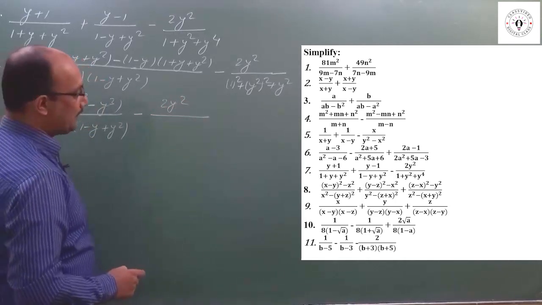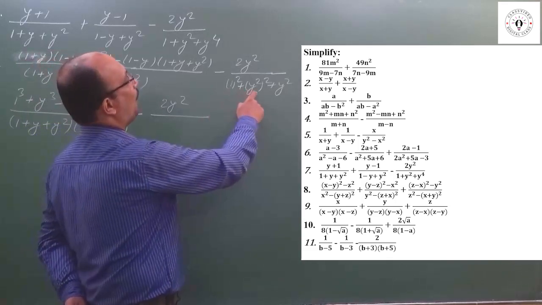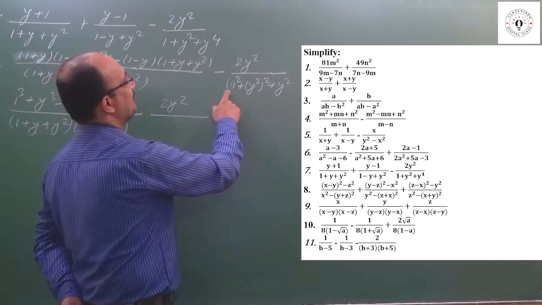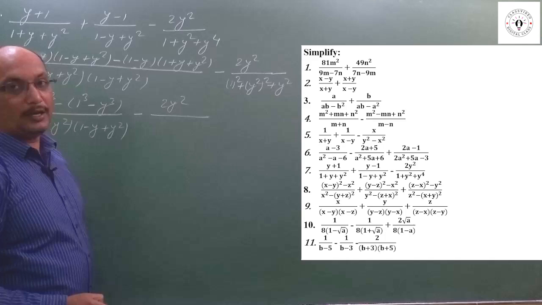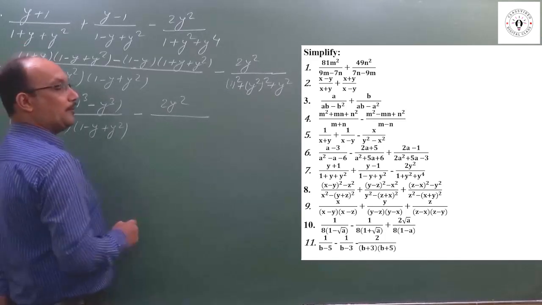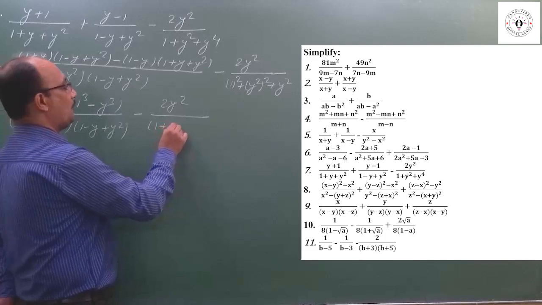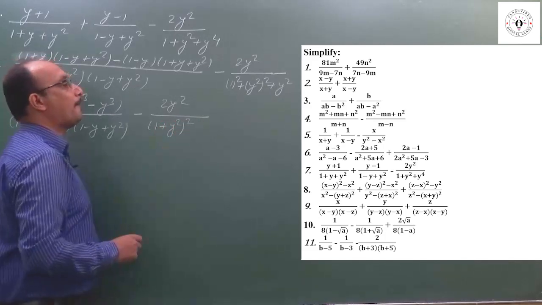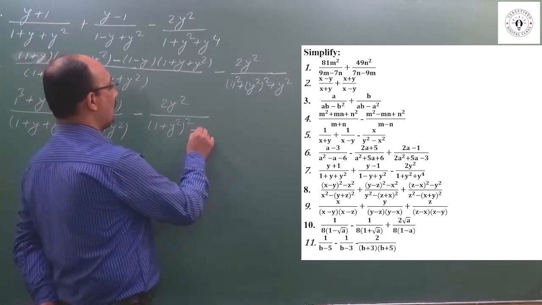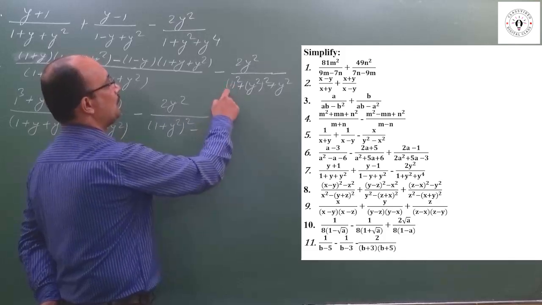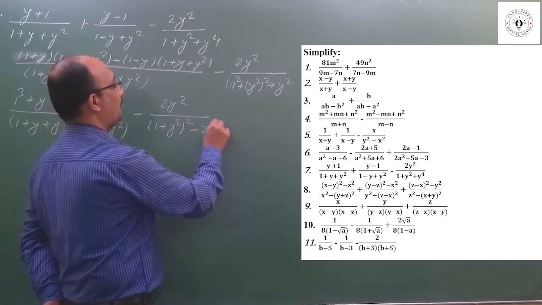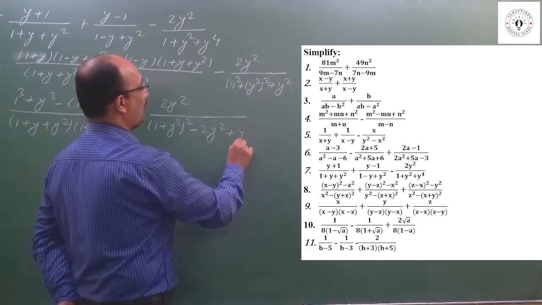Now, if you consider 1 as a and y² as b, then this is in the form of a² + b². a² + b² equals to what formula you know? Correct. (a + b)² − 2ab, that is (1 + y²)² minus 2 into 1 into y², 2y², plus this y² as above.